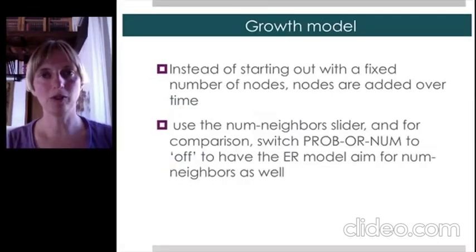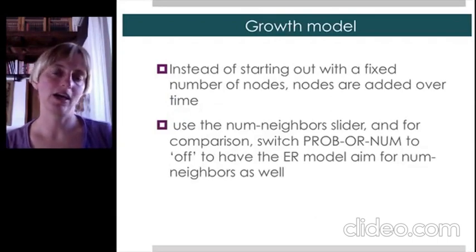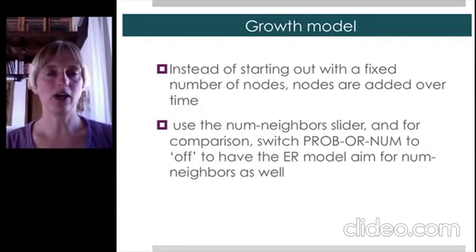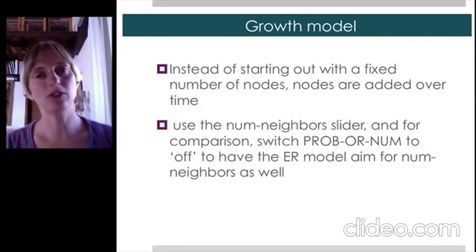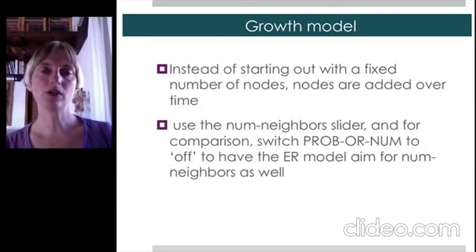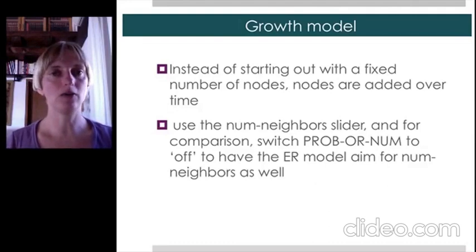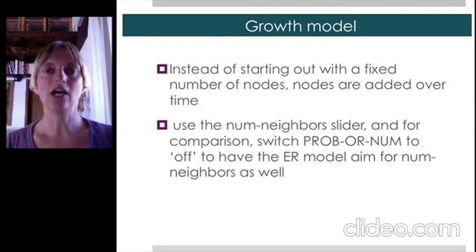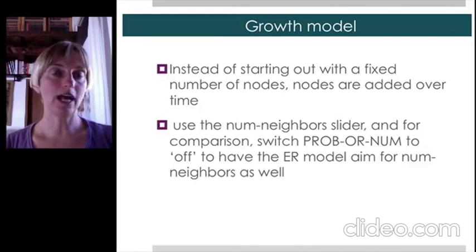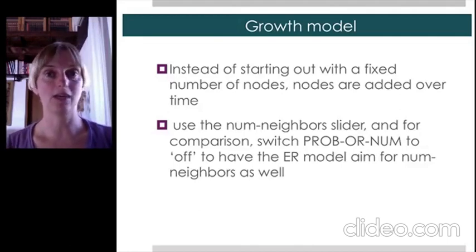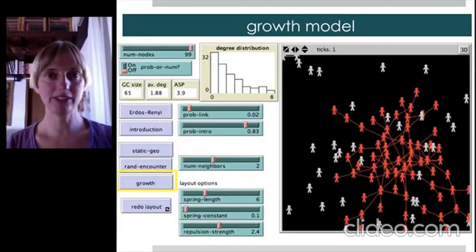The next model we'll look at is a growth model. Here, instead of having all the nodes present up front as we do with the Erdős-Rényi model, we're going to be adding them over time, intermittently along with the edges that are being added. So you might ask, well, okay, what does that mean? Nodes that have been around longer, do they get more edges? We shall see.